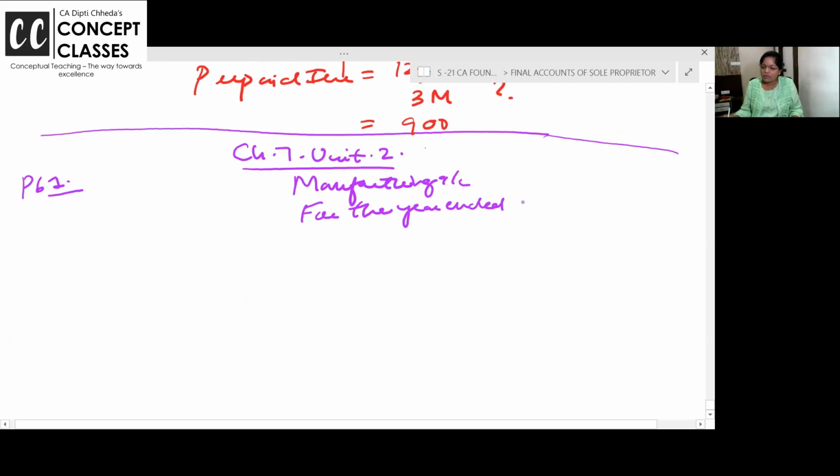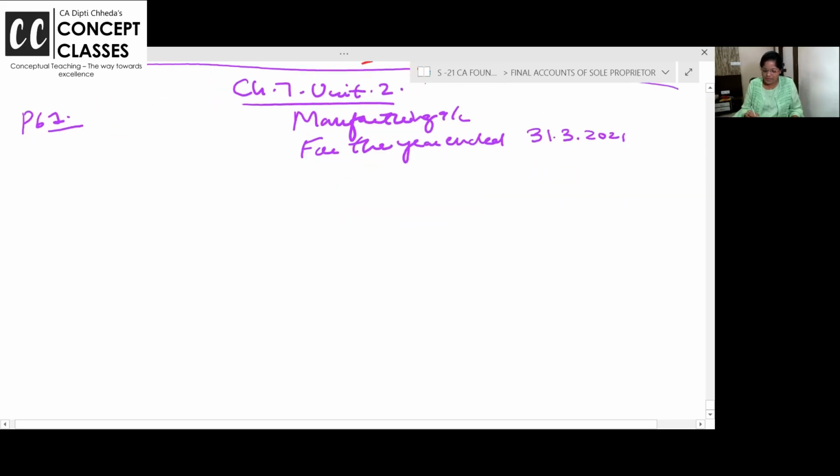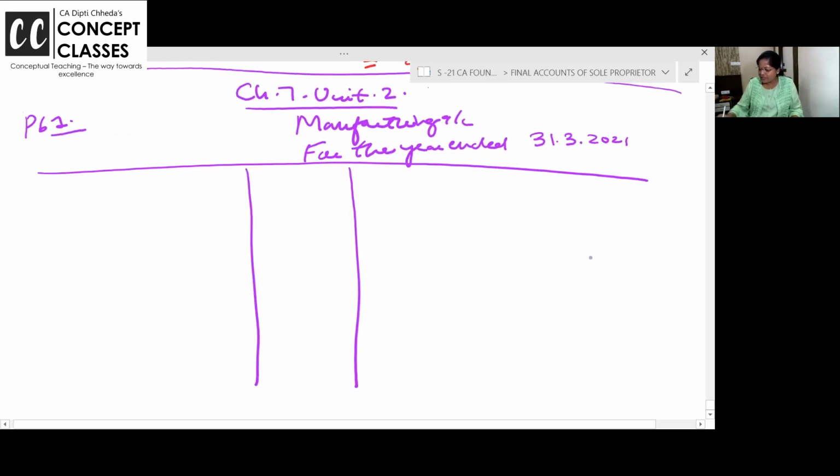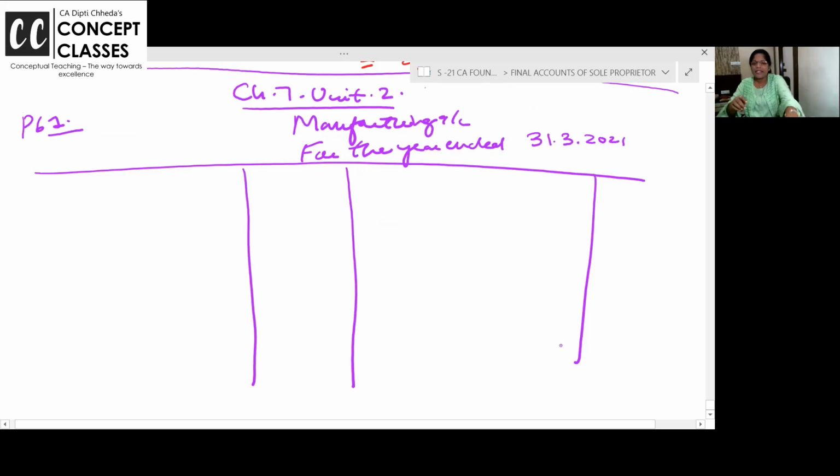Manufacturing account for the whole year end date, 31st March 2021. Yes, just T format. Particulars and debit and particulars and credit. Okay? Just you have to put it in proper format.